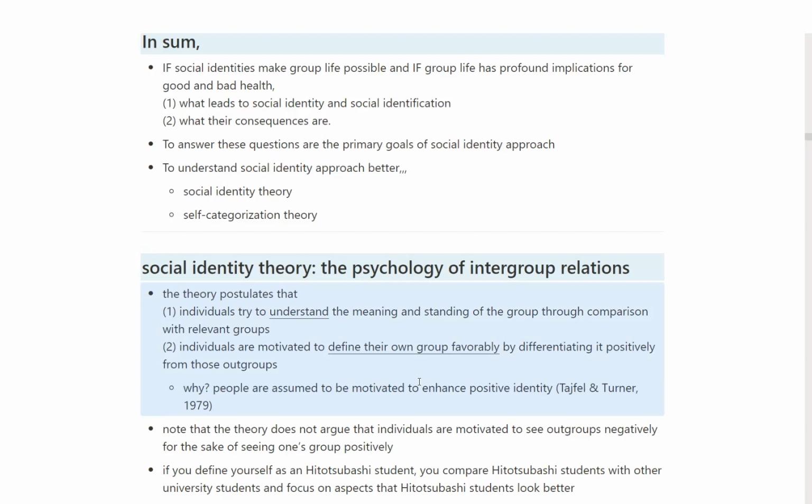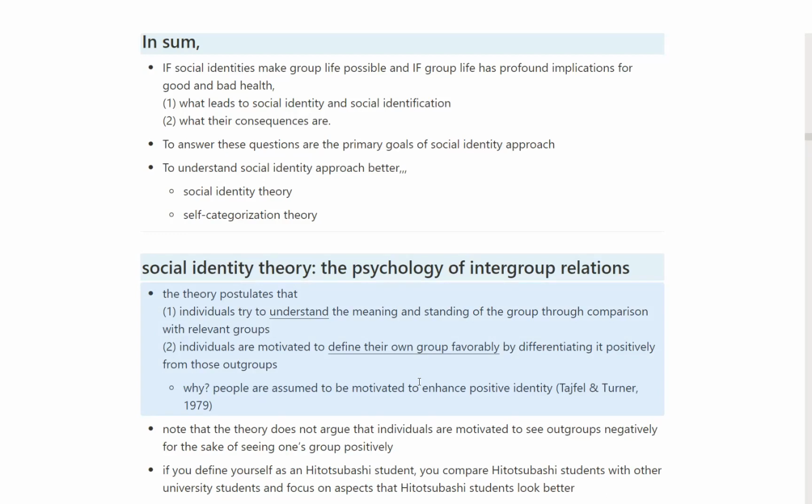So they try to understand what their group is, what their group looks like compared to other groups. Do we look better than other groups, or do we look worse than other groups? And also, individuals are motivated to define their own group favorably by differentiating it positively from those outgroups.